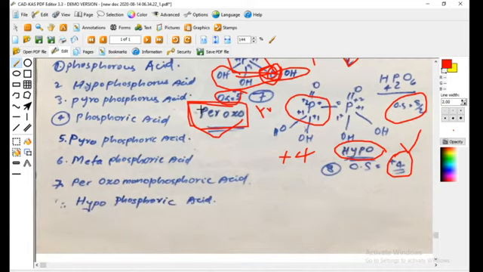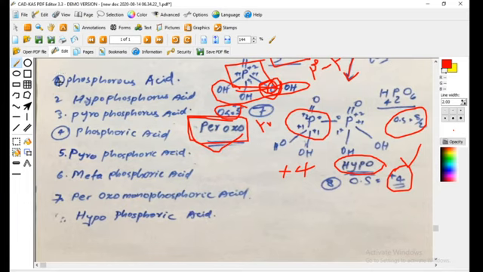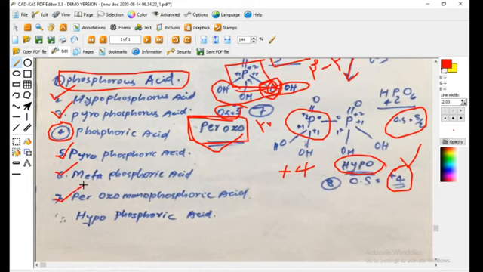So we discussed these 8 kinds of acids. First one is phosphorus acid. From phosphorus acid we found hypophosphorus acid and pyrophosphorus acid, right? From phosphoric acid we found pyro by the addition of double, meta by the elimination of water, and peroxo by the addition of oxygen.